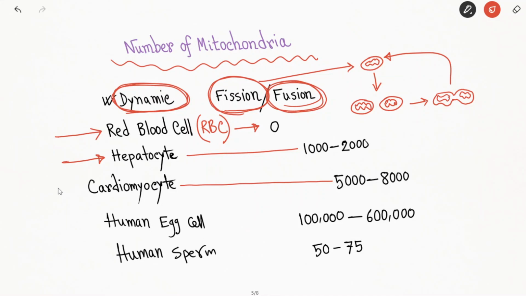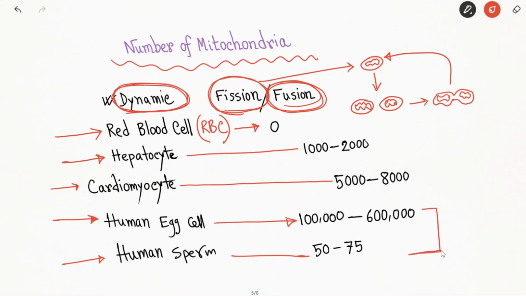Very interestingly, a human egg cell can have 100,000 to 600,000 mitochondria per egg cell. On the other hand, a human sperm can have 50 to 75 mitochondria per sperm cell. So these two are very interesting facts.